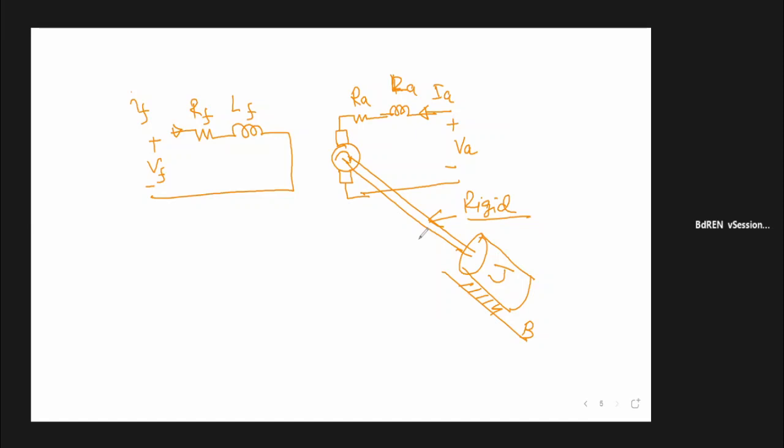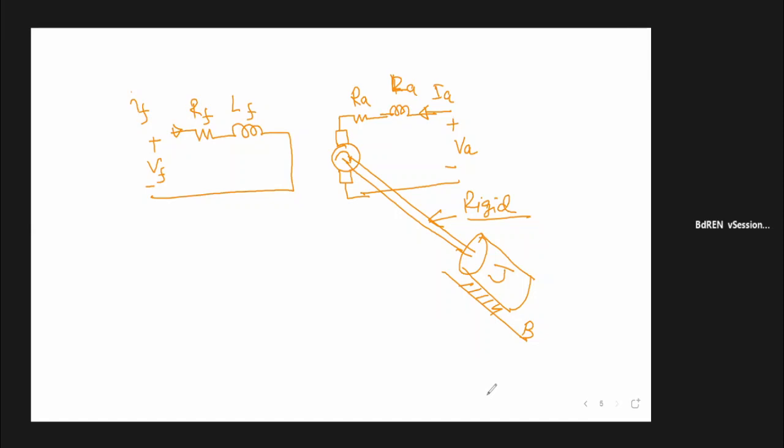As a result, no spring action will be there, because we know we have three elements in mechanical systems, like resistance, inductance, and capacitors: an inertial element J or mass in translatory type, a frictional element B, and a spring element K. In the case of a rotational object, the spring element is called the torsional constant, and the frictional constant is B. All these things will consume the electrical energy, but J will not consume it. It will store the energy in terms of rotation, or actually kinetic energy.